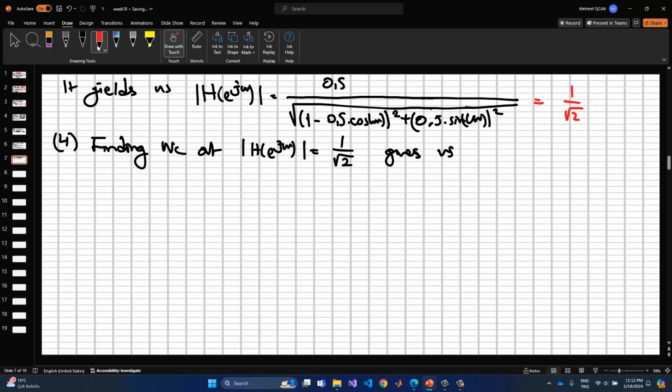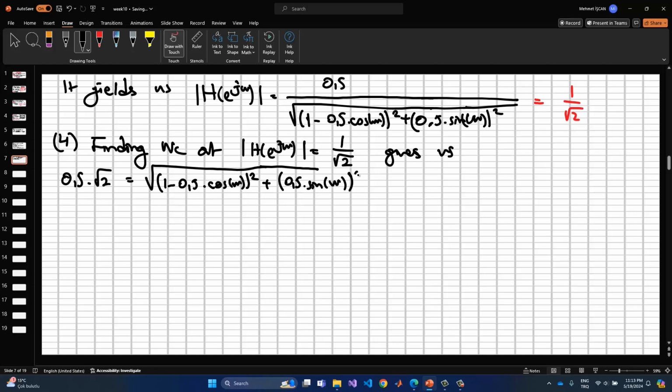Okay, and then this relation can be written as 0.5 square root 2 equals the square root of (1 minus 0.5 cos ω) squared plus (0.5 sin ω) squared.